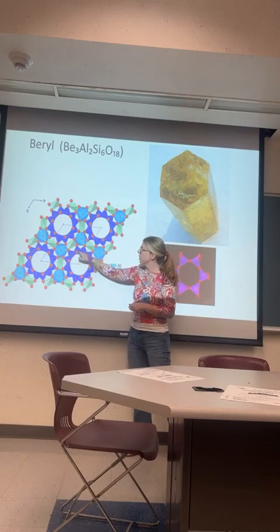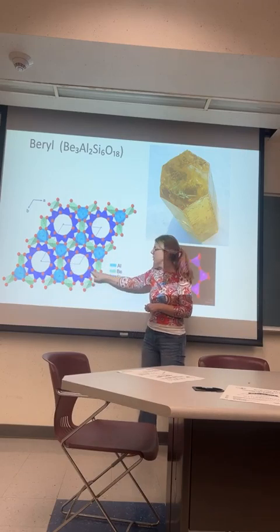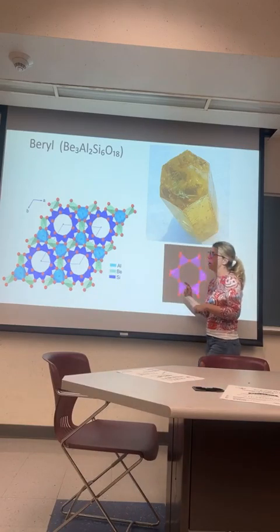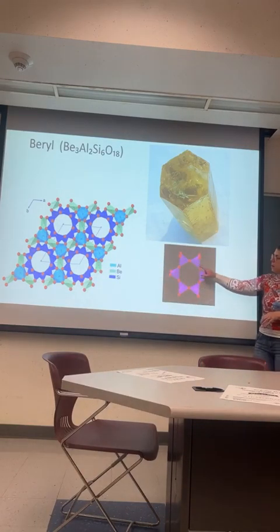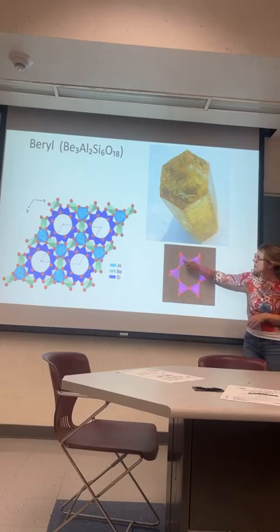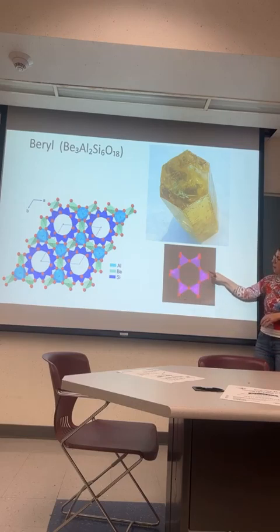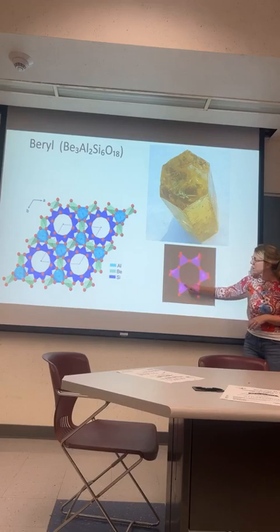And you'll notice in beryl, they're in these distinctive rings right here. It's kind of hard to see right there, but here's just one of those rings. And you can see it's a 6-membered ring, so there's silica in the center of each of these. These represent oxygen right here. And you can see this is a hexagon.